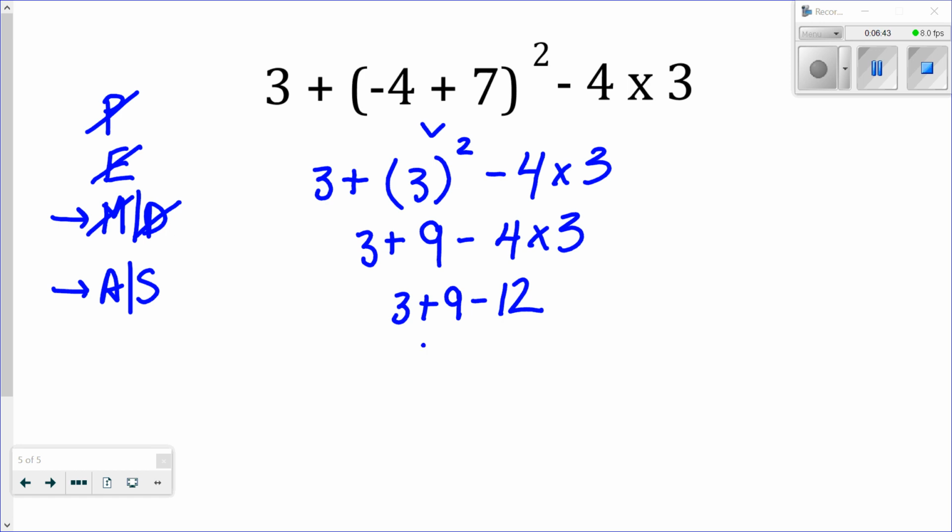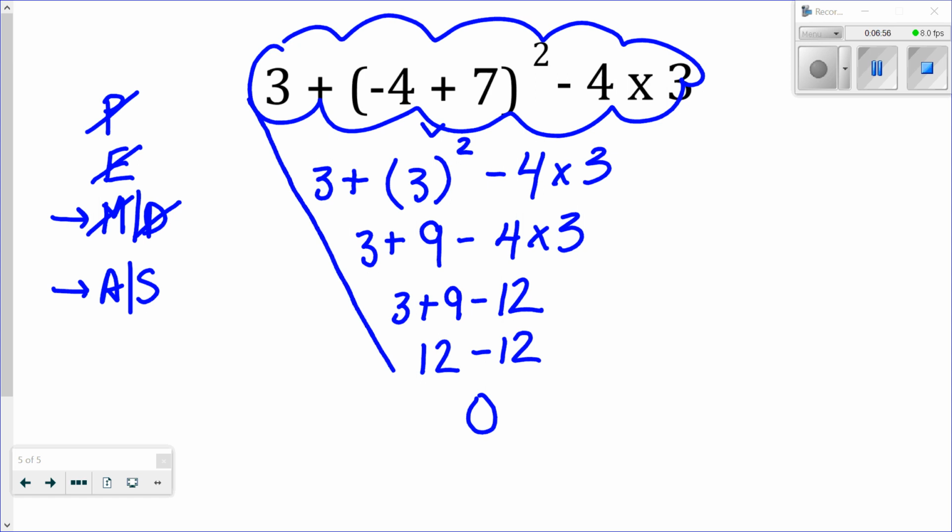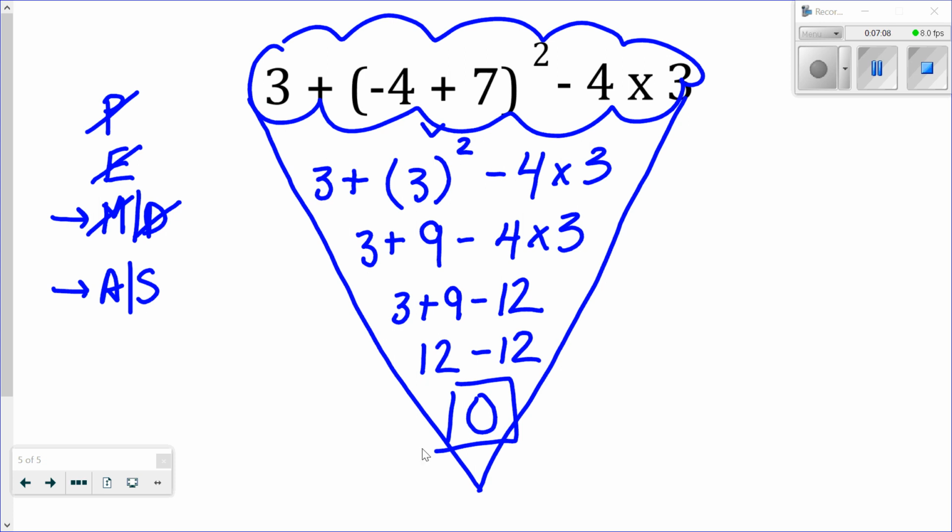So 9 plus 3 is 12, minus 12, and 12 minus 12 is 0. So again, I started with this expression up here. I simplified each step, showing all of my work, and I get a final answer of 0. So again, just always remember when you see expressions with multiple operations that you're always following the order of operations.